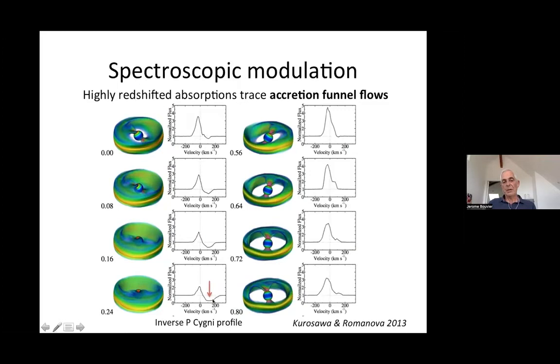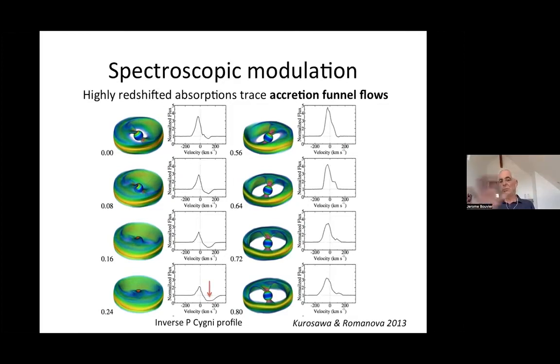That is this highly redshifted absorption that develops when the funnel flow is along the line of sight. The reason is that you are looking at the upper part of the funnel flow, which absorbs the lower part, which is hotter, and therefore that's absorption.